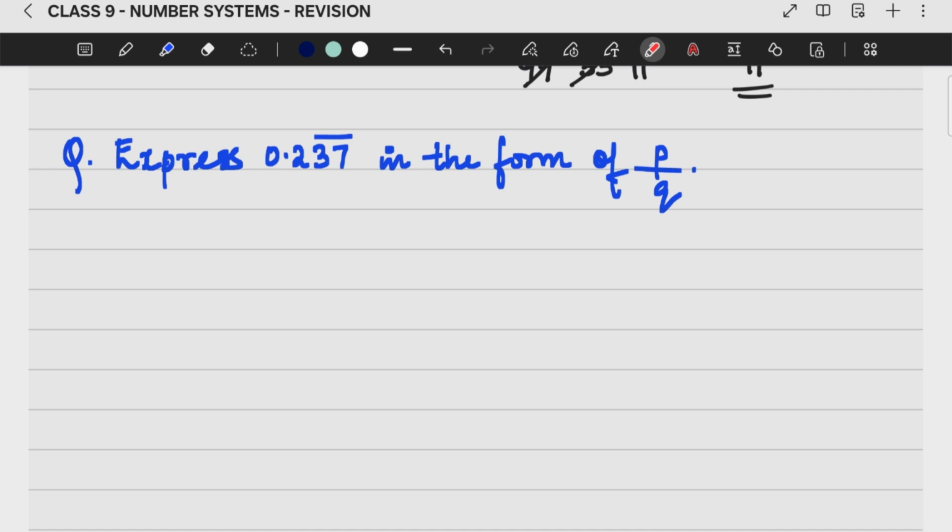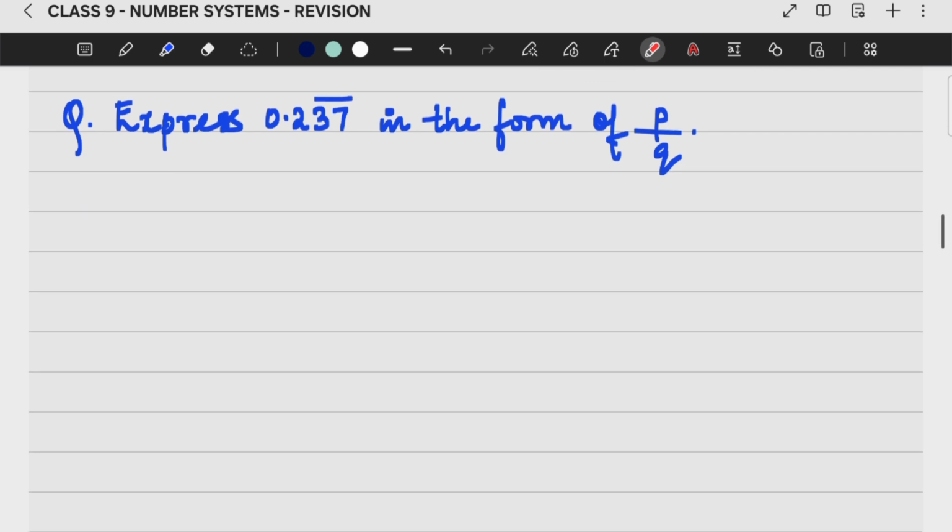That's the first thing. And then you have to see how many digits are under the bar, and you have to multiply both the sides by that many zeros, right? 10 or 100 or 1000. So in this question, since the bar is not immediately after the decimal point, the very first thing that you have to do is, let x be 0.237 bar.